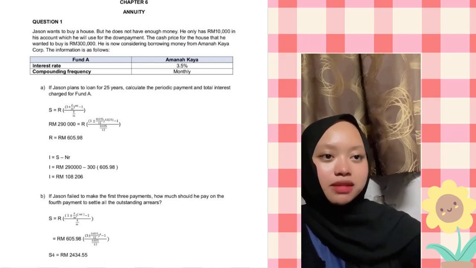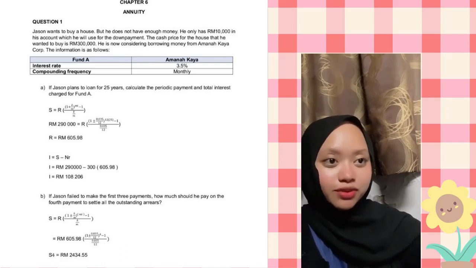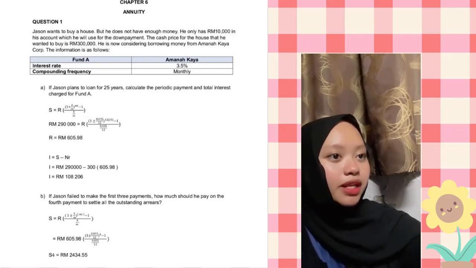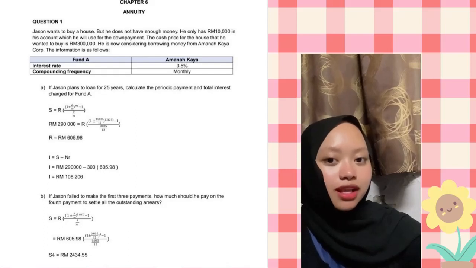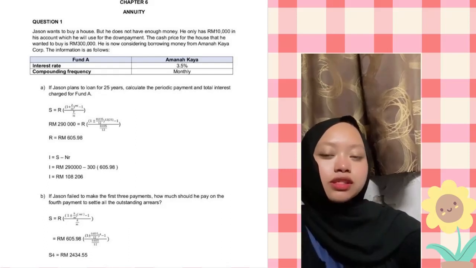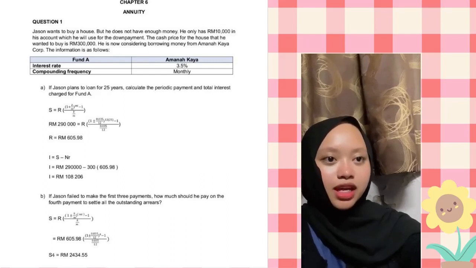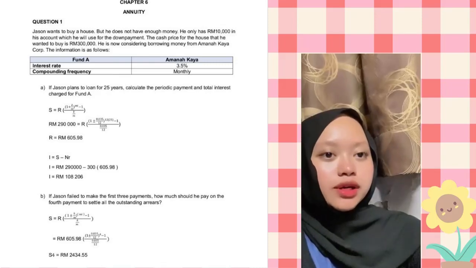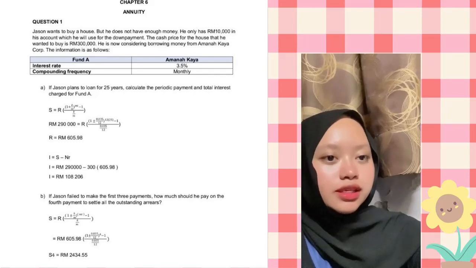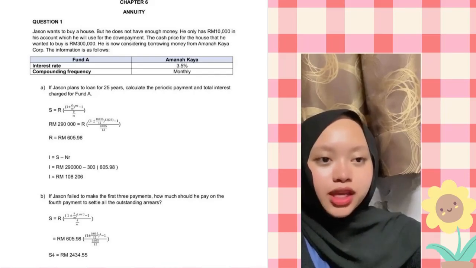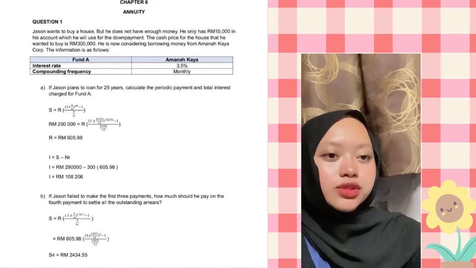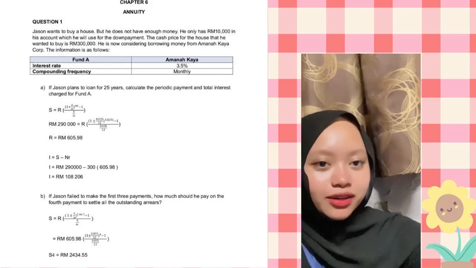Question A. If Jason plans to loan for 25 years, calculate the predicted payment and total interest charge for Fund A. So we use the formula S equals R times (1 plus k divided by m, to the power mt, minus 1) divided by (k divided by m). Our S is 290,000 ringgit, equal to R. We don't have R, so we put R only.